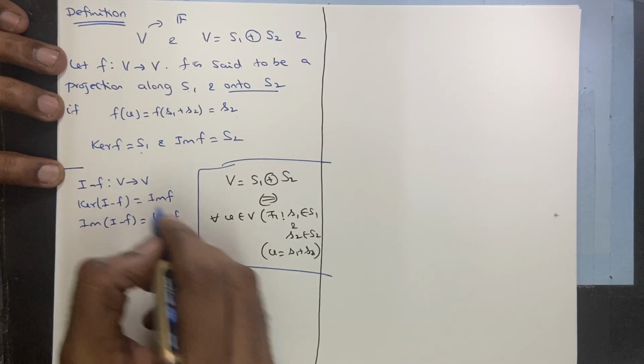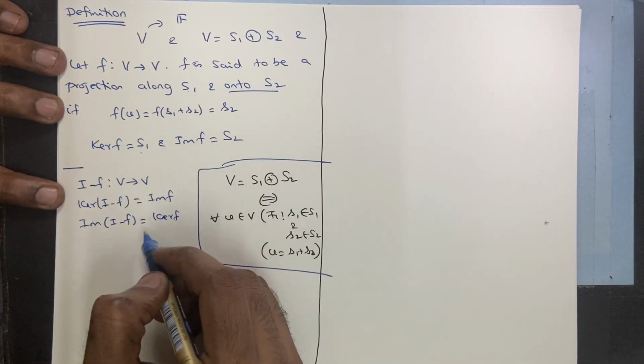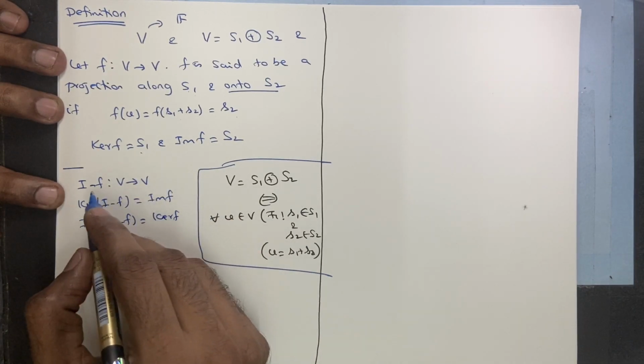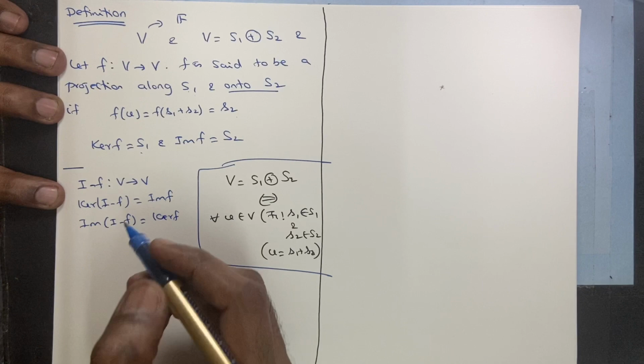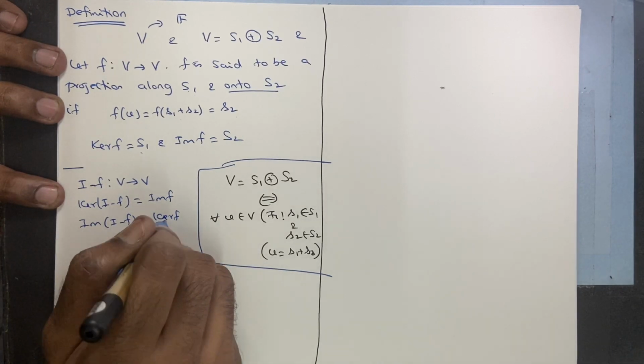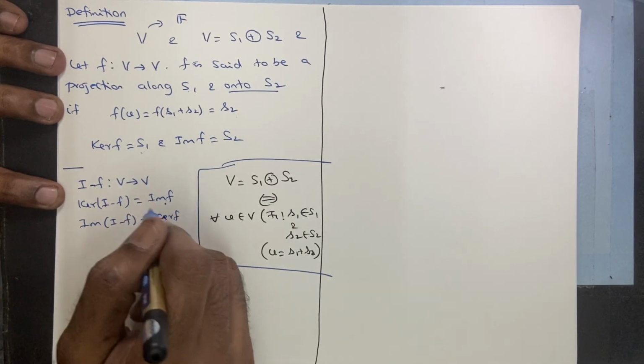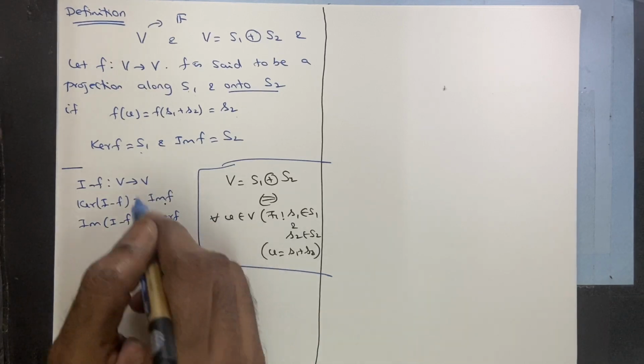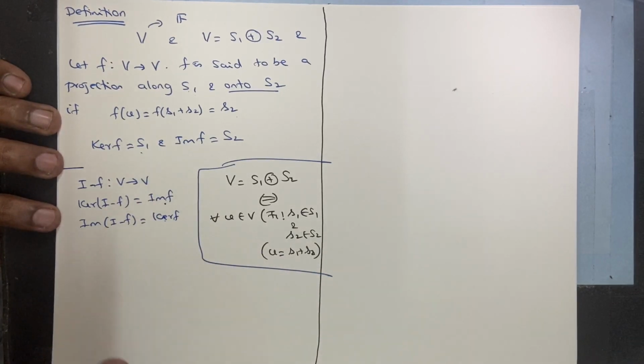This is easy to estimate. Therefore I minus f will be a projection onto the kernel of f along the direction of the image of f, and so you can always change the direction of projections.